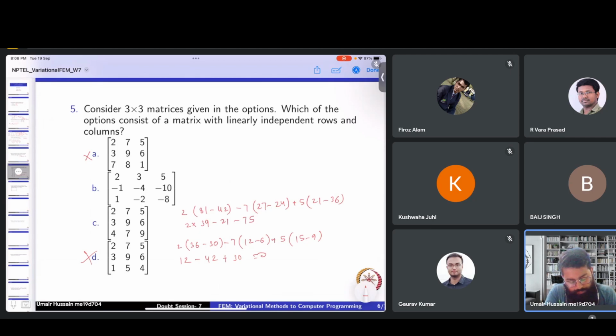I don't think this would go to 0. Let me check. This is 78. Yeah, this is not equal to 0. I think C is the answer.